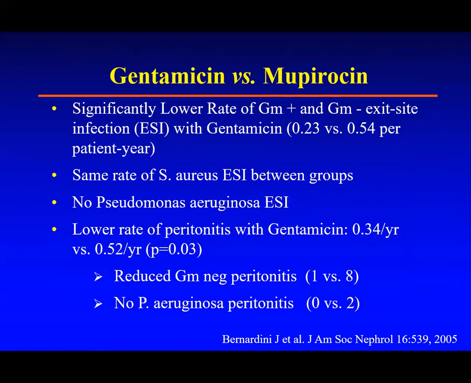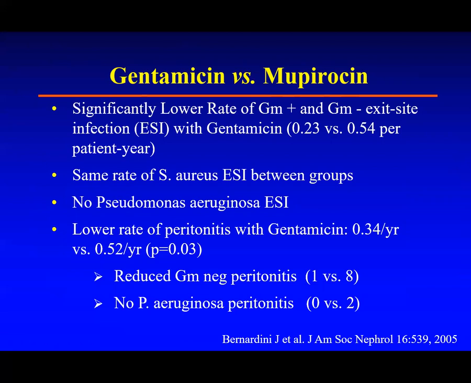Subsequent to the mupirocin study, there was a randomized controlled trial looking at gentamicin versus mupirocin, and you can see here that there was a lower rate of exit site infection, both gram-positive and gram-negative, with gentamicin.